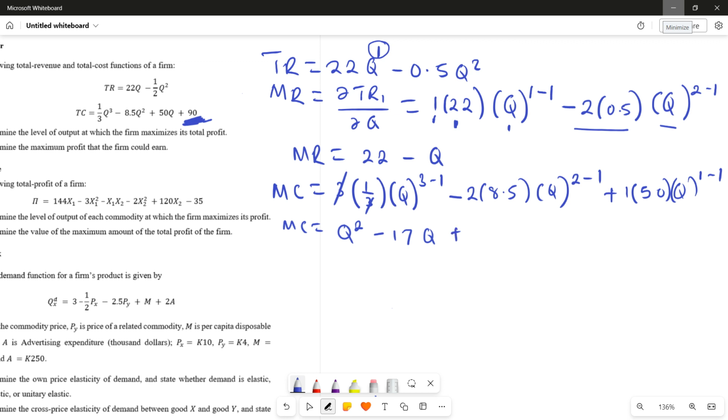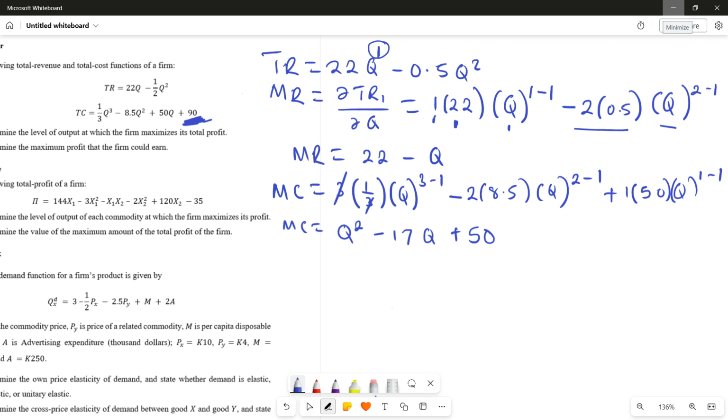And then the last part will just be plus 50. Why plus 50? It's because q is raised to the power 1 minus 1, and 1 minus 1 is 0. Remember, anything raised to the power 0 is 1.